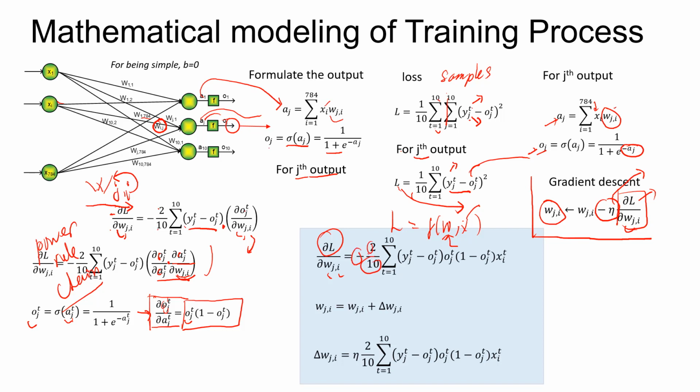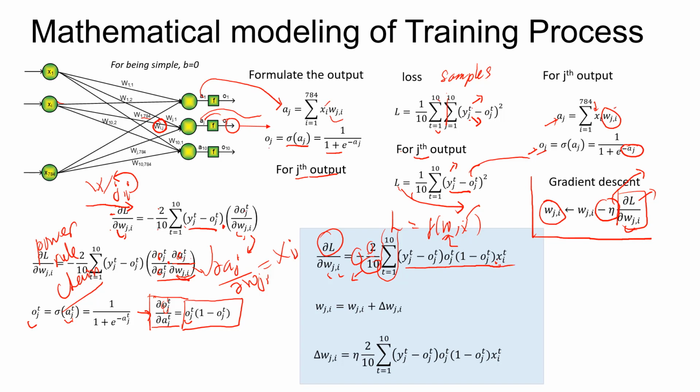The 10 represents the average, since we calculate for 10 samples. And don't forget to multiply by xi, because the derivative of at with respect to wi equals xi.